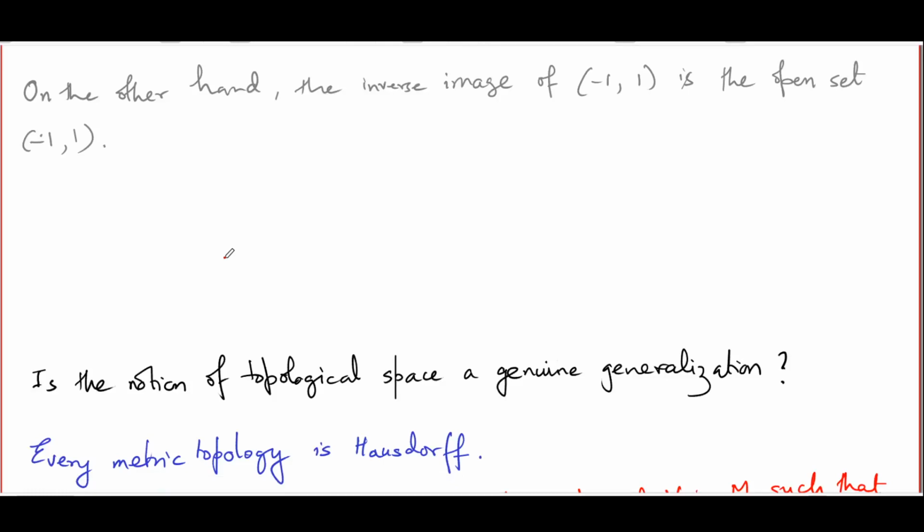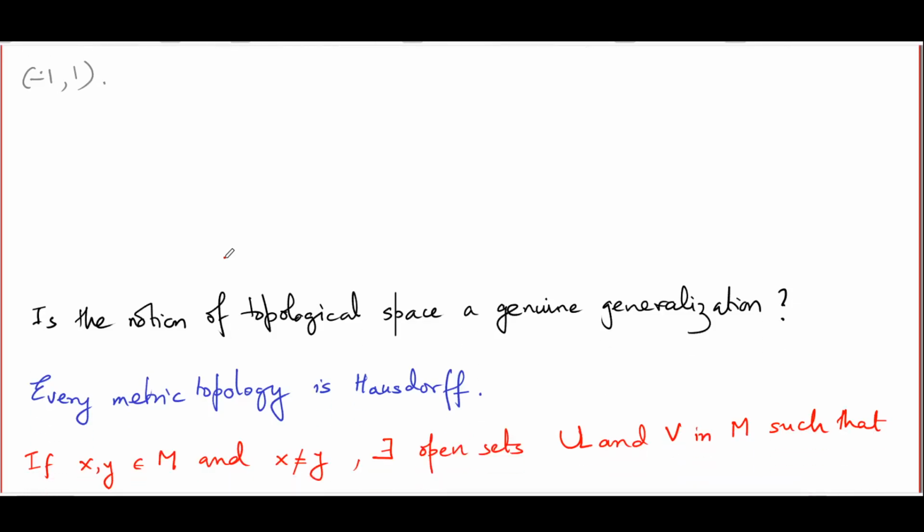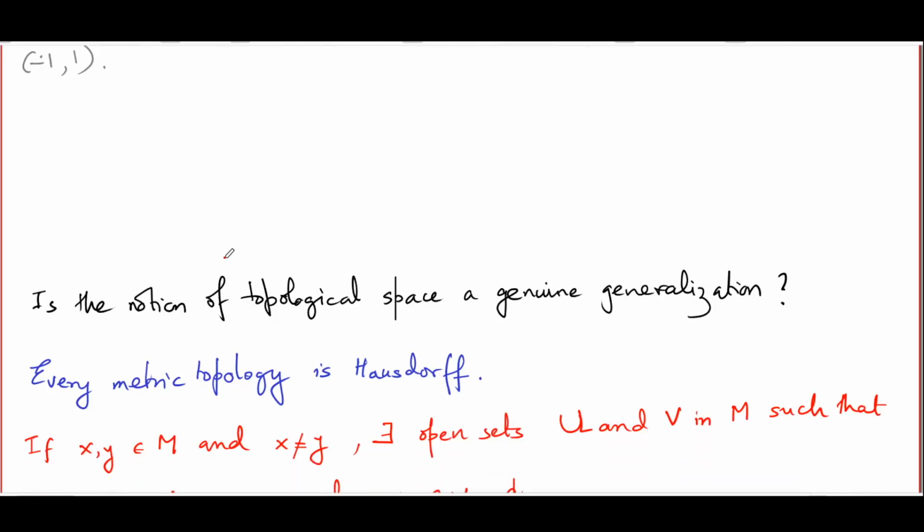Now, to see that that is actually true, that you can have topological spaces which are not metric spaces, or in the jargon, you can have topological spaces which are not metrizable, we now invoke a very, very important property of metric spaces, or rather the topology which comes from metric spaces. Every metric topology, the collection of open sets according to the metric space definition, has to have something called the Hausdorff property.